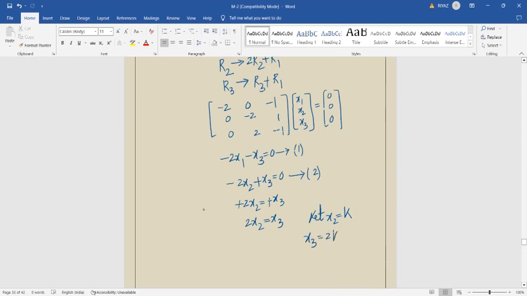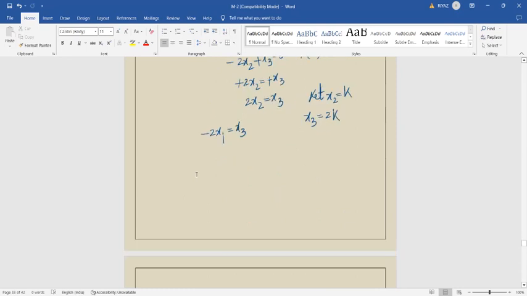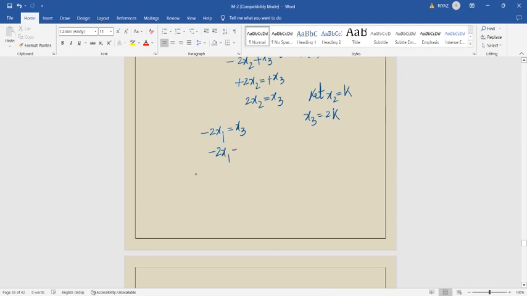If you substitute here in this equation, minus 2x1 is equal to x3. The x3 value is 2k. 2 and 2 cancel. x1 is equal to minus k.